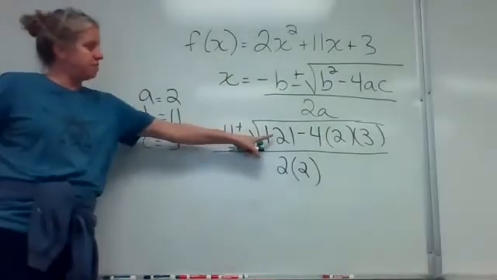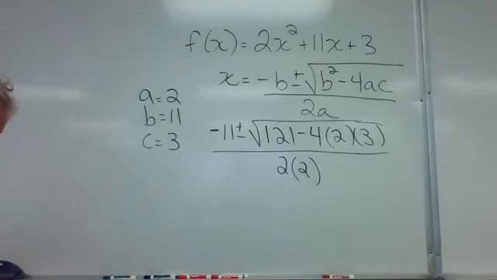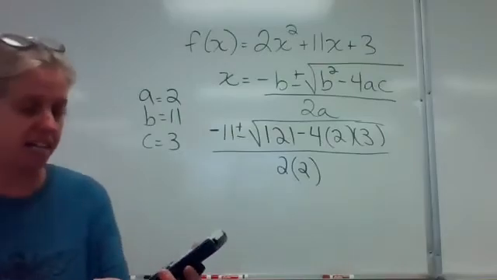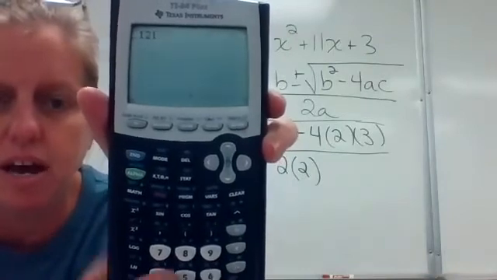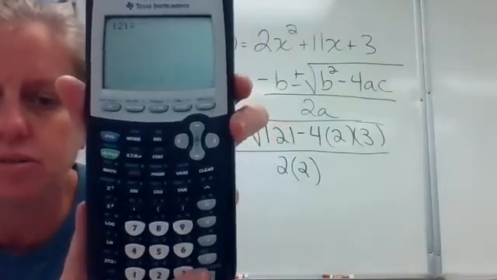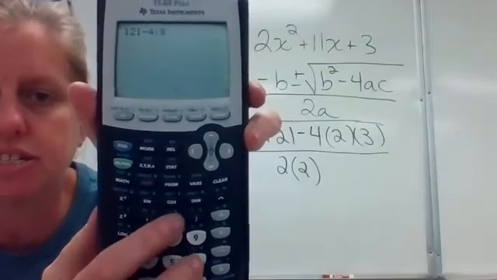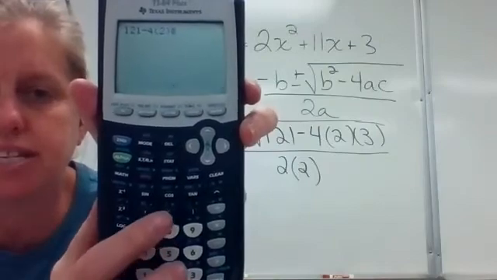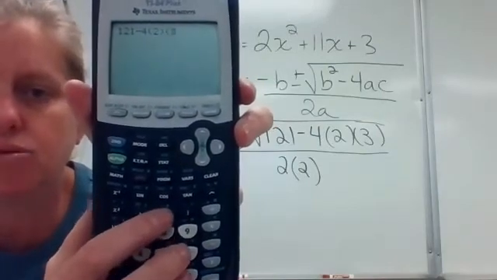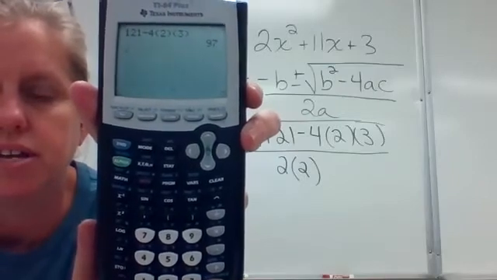So the next step is to figure out what's underneath that square root. And so just type it in exactly like you see it. So 121 minus 4, open parentheses, 2, close, open parentheses, 3, close, enter.